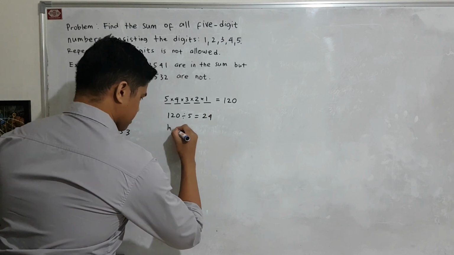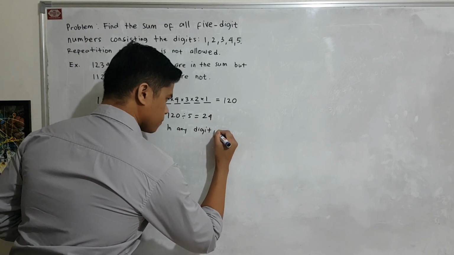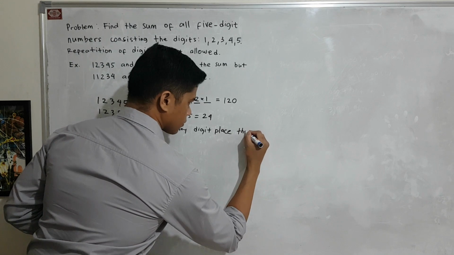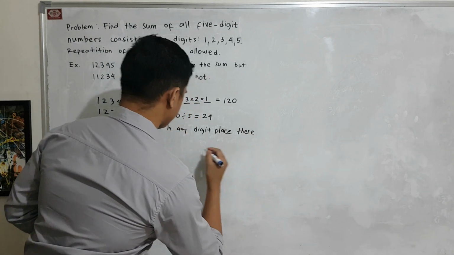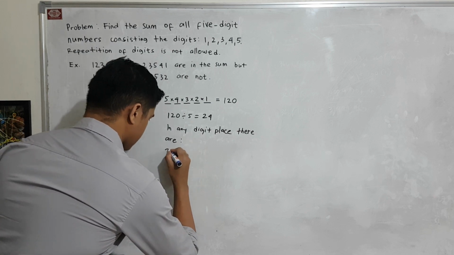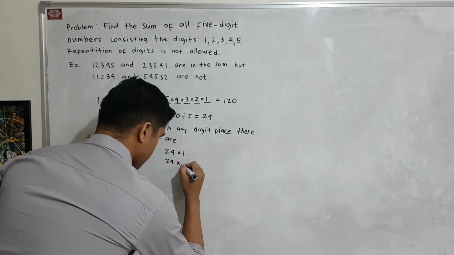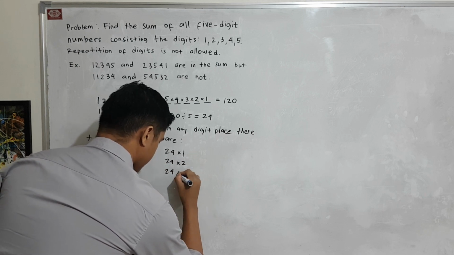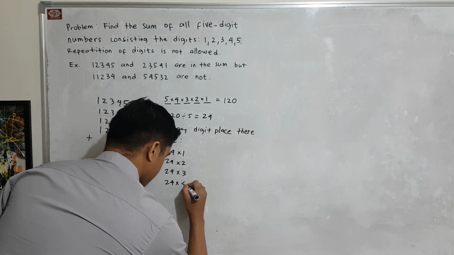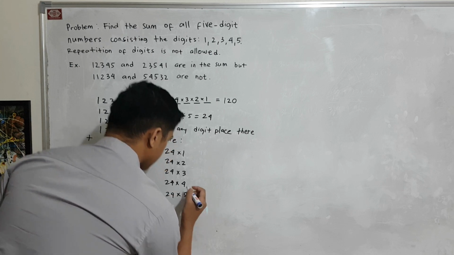So in any place, there are 24 ones, 24 twos, 24 threes, 24 fours, and 24 fives.